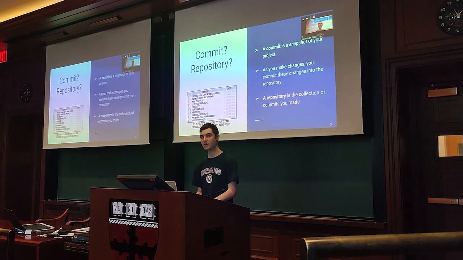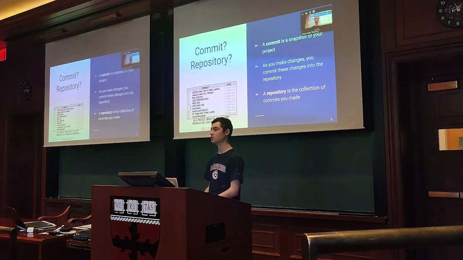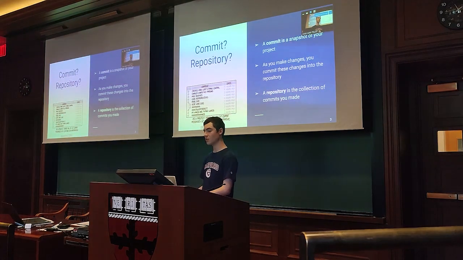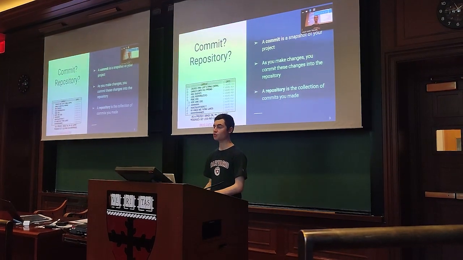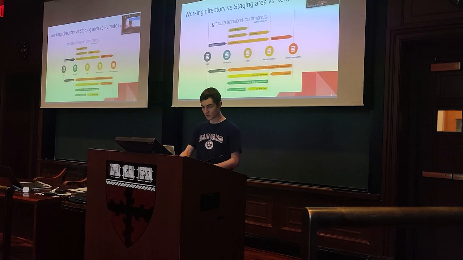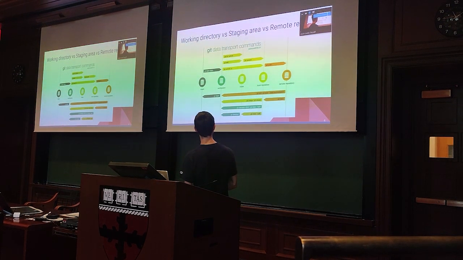So the main principle of Git is that you are going to make some changes to your files, and when you're happy with what you have, you are going to commit them to the history of the project. And then as time advances, you will have a tree of your commits, and you will be able to go up and down in this tree, representing the history of the changes you have made. So we are going to learn all of this in this presentation.